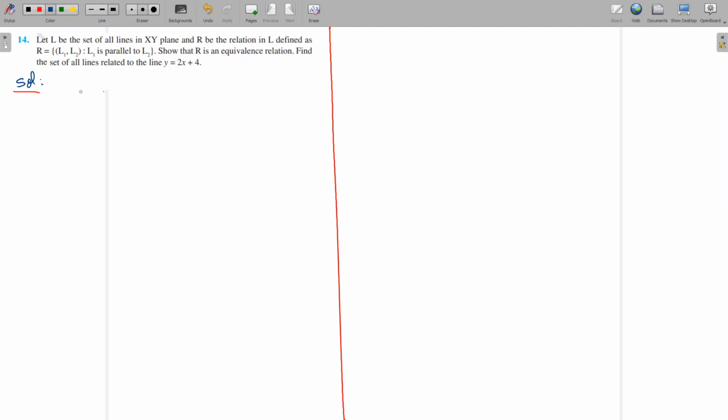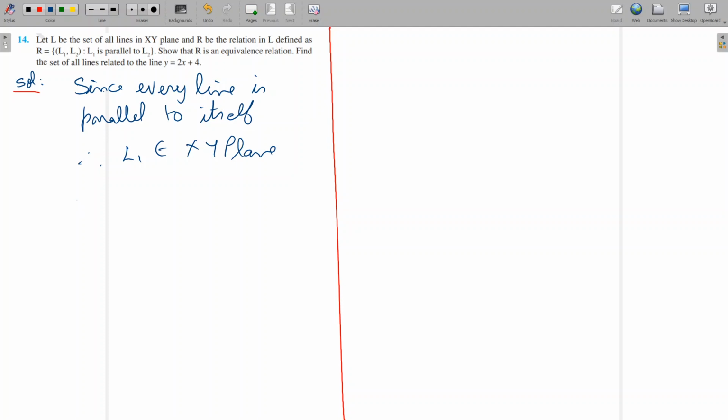Now we know that every line is parallel to itself, so that is what we'll write. Since every line is parallel to itself, suppose there is a line L1, therefore L1 belongs to the xy plane.